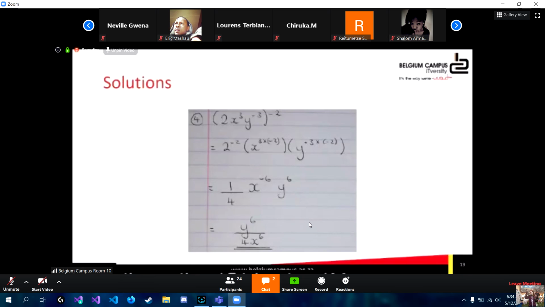If the question is asking for positive powers, then your answer will be y to the power of 6 divided by 4x to the power of 6. If it's not asking for that, then it's not necessary to make x to the power of minus 6 positive.